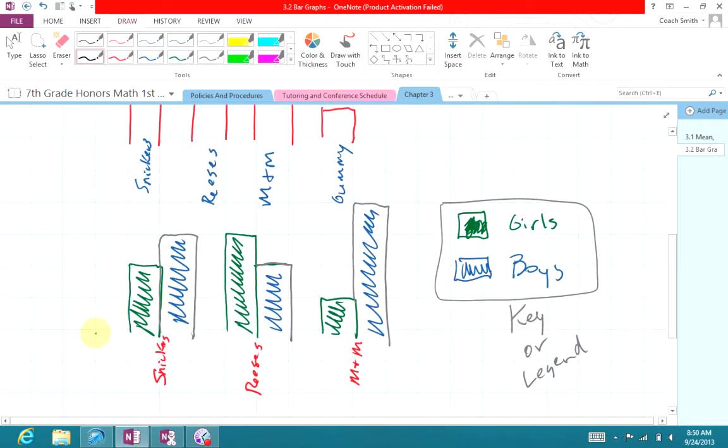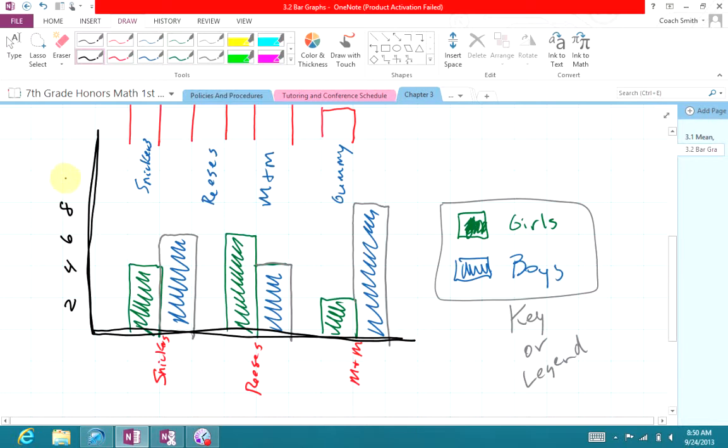Over here, in other words, here's my bar graph. Okay? And I have 2, 4, 6, 8, 10. Okay? And these are the number of people.